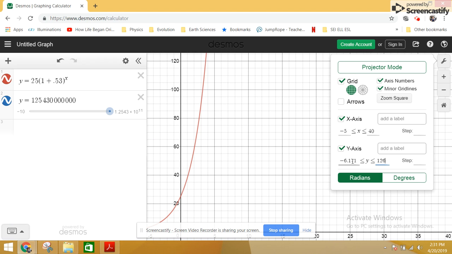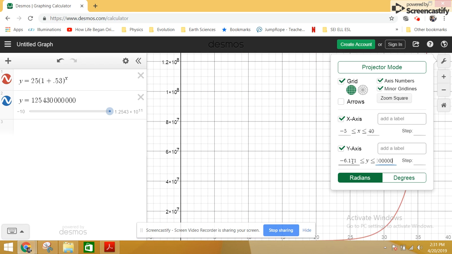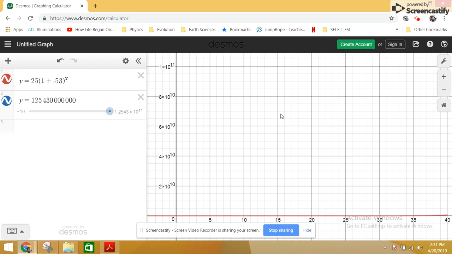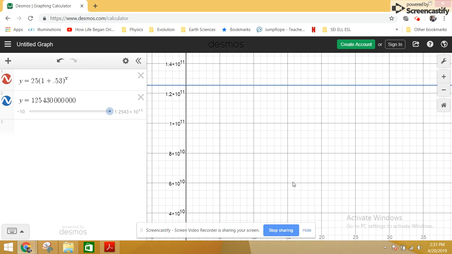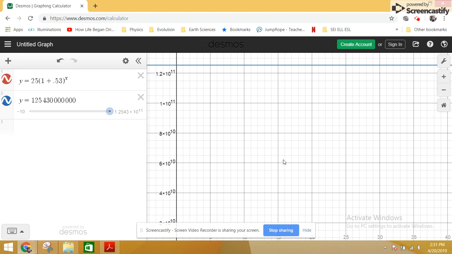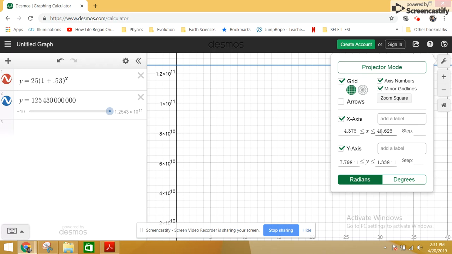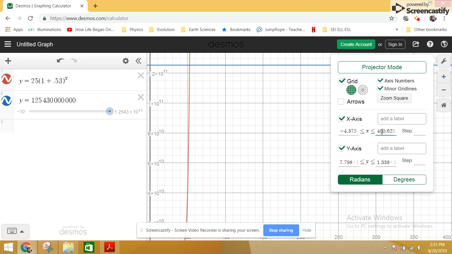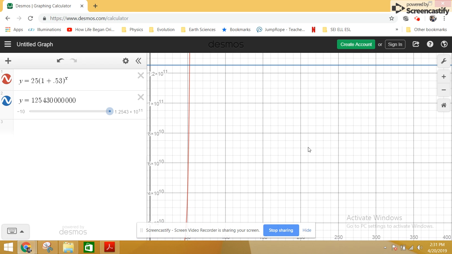I'm going to put 9 zeros to make it 126 billion. Okay, I've done that, and clearly my intersection point is beyond there, so I'm going to have to change my x-axis again. We'll make that 400, and now my intersection is on the screen.